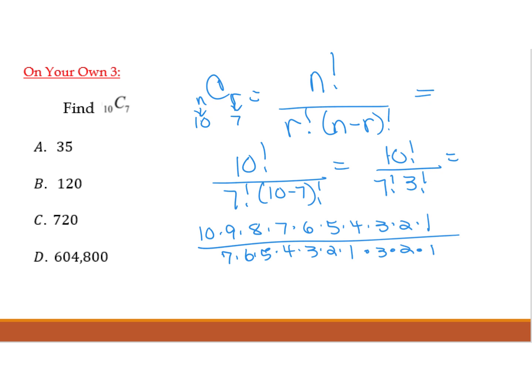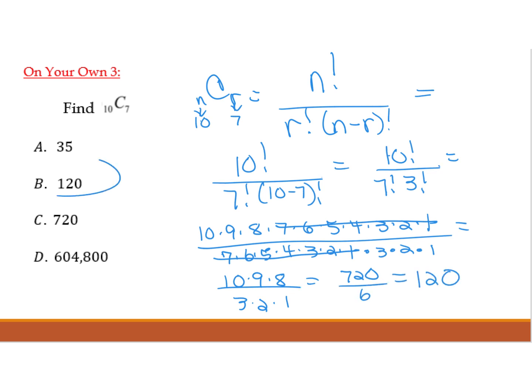So we can cancel out 7 factorial, top and bottom. That is going to give me on top 10 times 9 times 8 divided by on the bottom 3 times 2 times 1. That is going to be 720 divided by 6, which is 120 possible combinations.